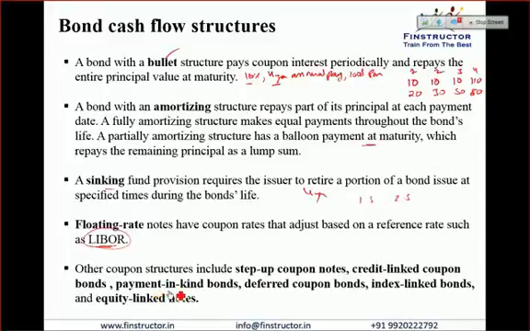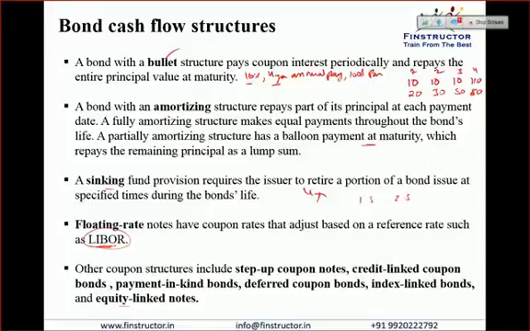Payment in kind bonds, deferred coupon bonds, where coupon is paid later. Index linked bonds, where coupon is dependent on the performance of an index, an equity market index or some other index, or an inflation index many a times. So as inflation goes up, the coupon goes up, vice versa. Some fixed income securities even have equity linked coupon payment.